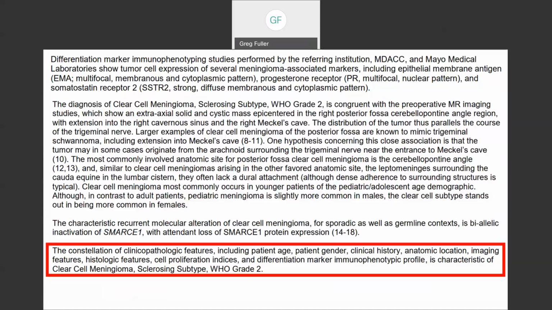What does this say to the neuro-oncologist? What does it say to the radiation oncologist? What it says is this pathologist has done their due diligence in using an 8-Venn diagram sphere model, which is the most stringent model for oncologic diagnosis.